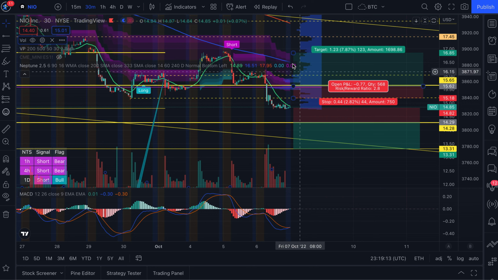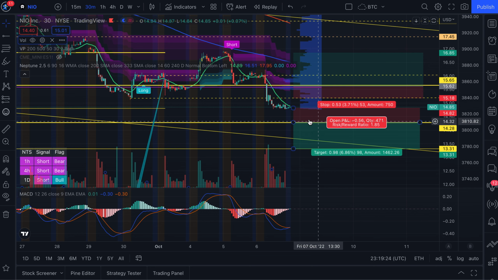I would have preferred the 100 to also be broken, but the 50 will do, just because this is a strong enough support. To the downside, obviously if price action goes down and we reach the 1428, then we will be below every one of these moving averages, including the 16s.